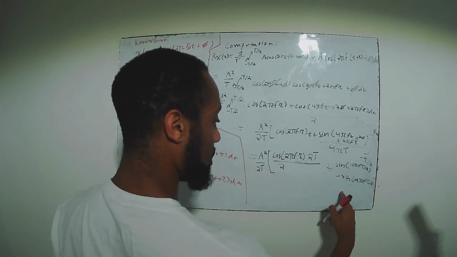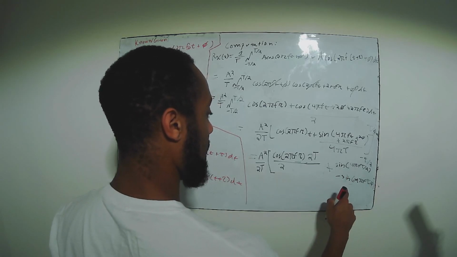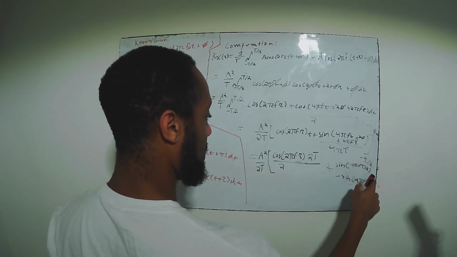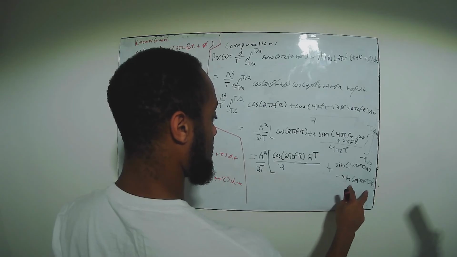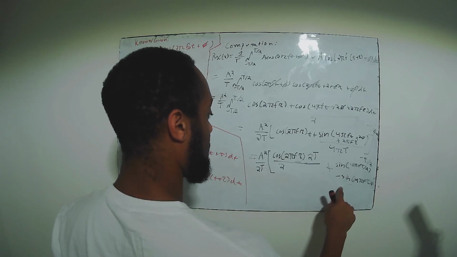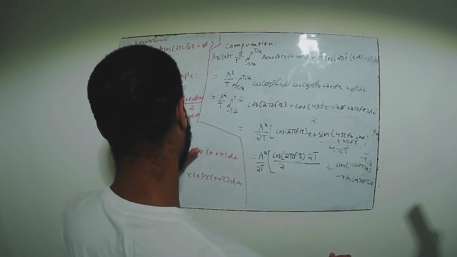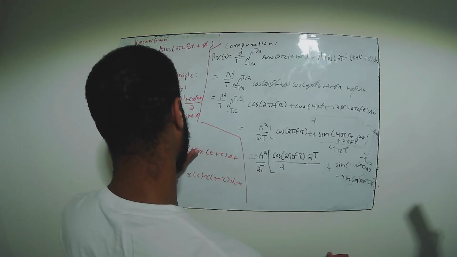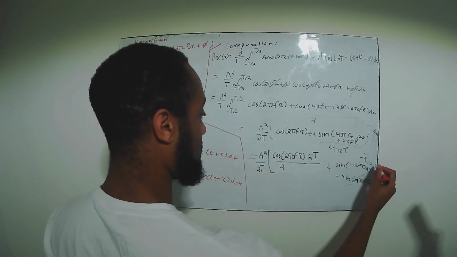So we have a negative here, this is going to be negative 2t, and this is minus that, and then we're adding them together. They should cancel one another out.